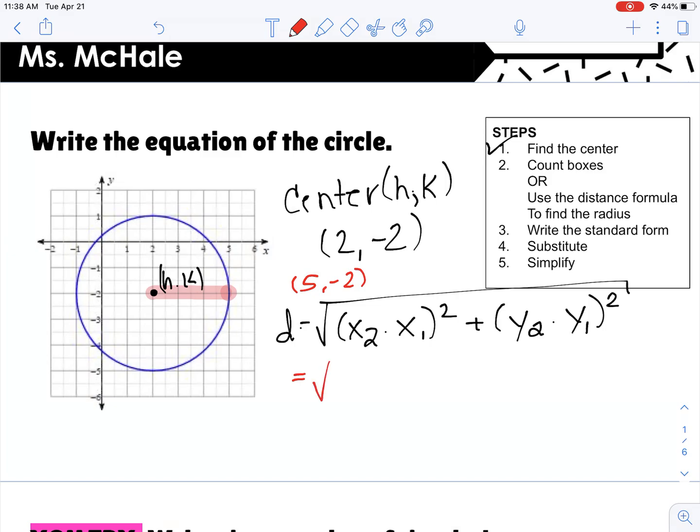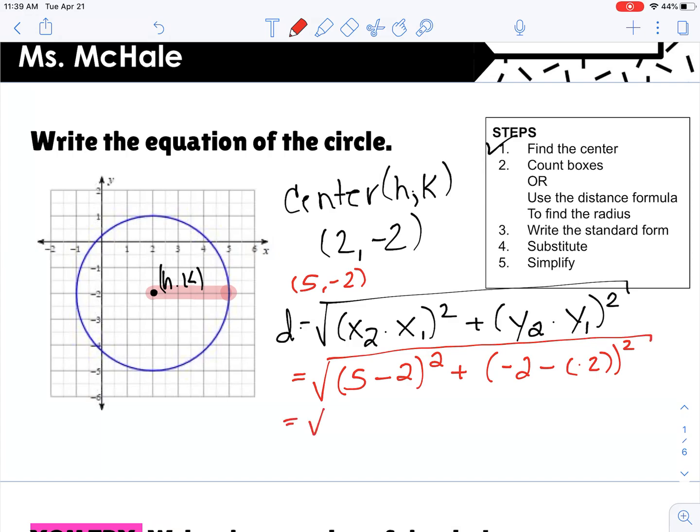And we can substitute. Okay, (5 minus 2) squared plus (-2 minus -2) squared. We're taking the square root of all of that. 5 minus 2 is 3 squared. -2 minus a -2 would be 0 squared.